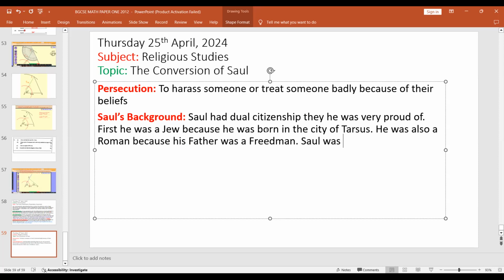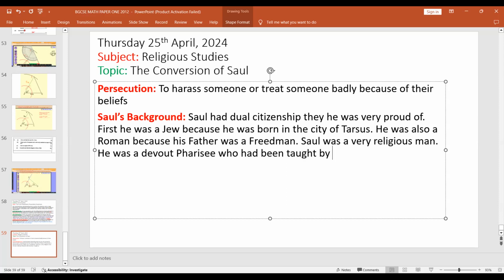Saul was also a very religious man, right? A very devout and religious Jew. He was a devout Pharisee who had been taught by the respected doctor of the law, Gamaliel.